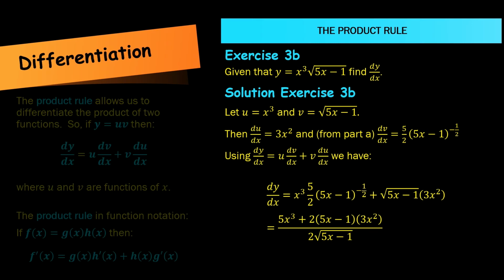We can now tidy up the numerator to give us 35x cubed minus 6x squared, all over 2 times root 5x minus 1. And factorising this gives us this expression here.